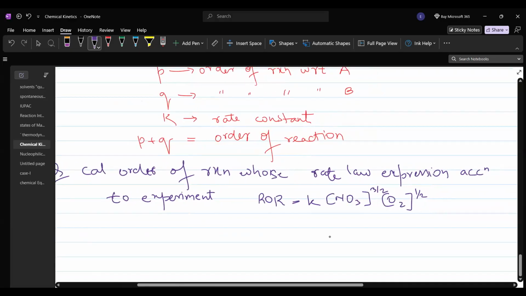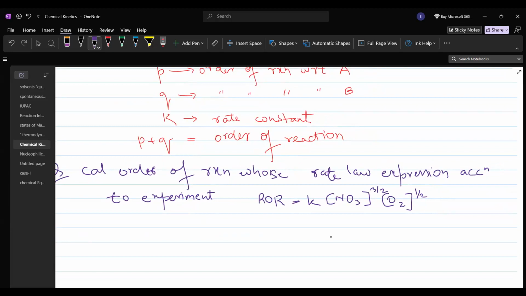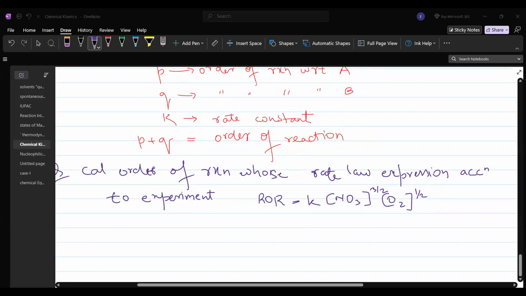Find out the order of reaction. What is the order of reaction?